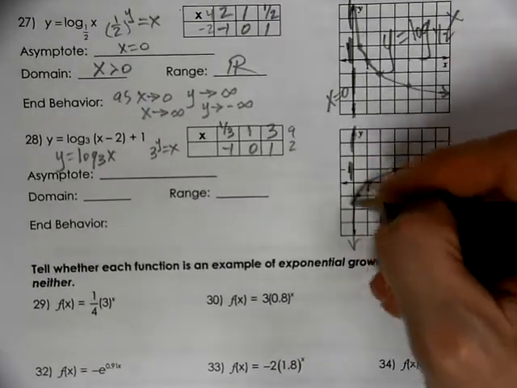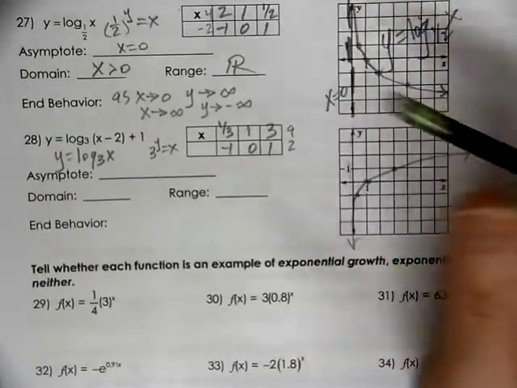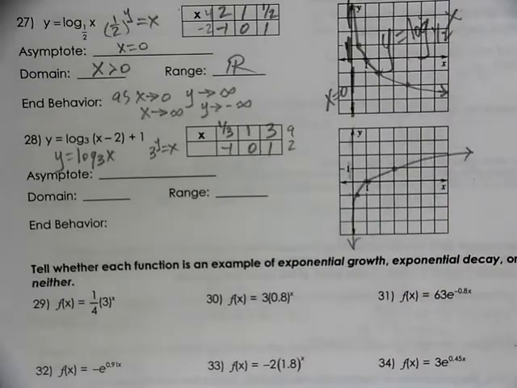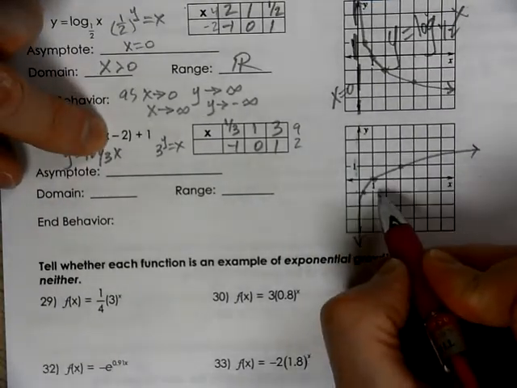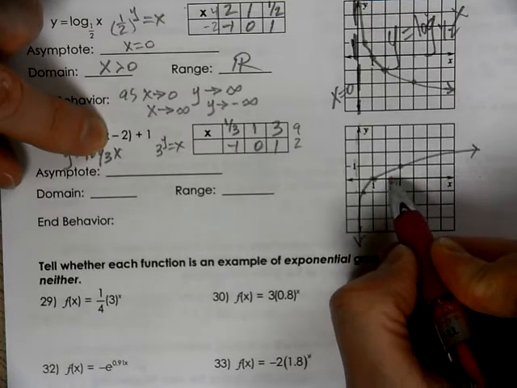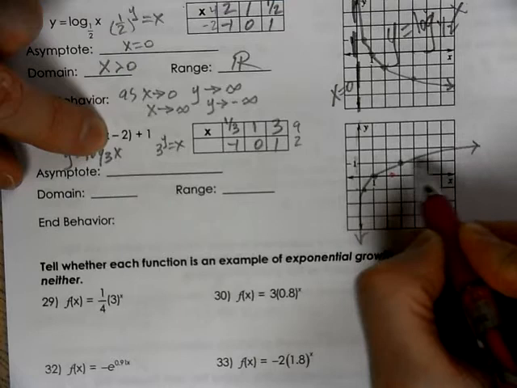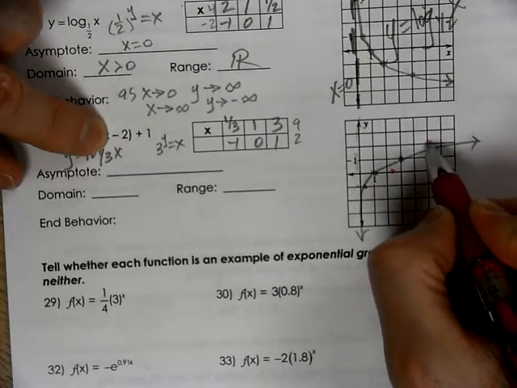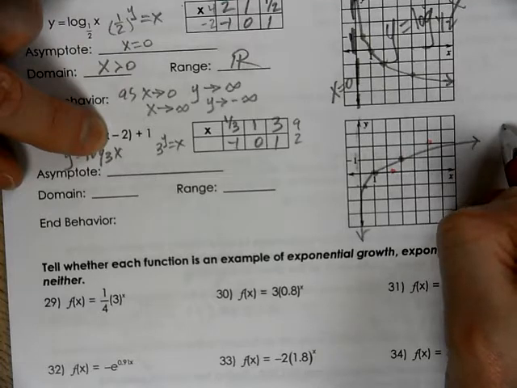We have a vertical asymptote. We're not going to draw that quite yet, though. Sorry. We're going to wait for the final graph. Now we're going to translate that graph to the right and 1 up. To the right and 1 up.